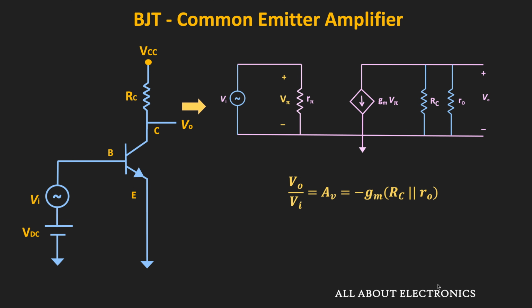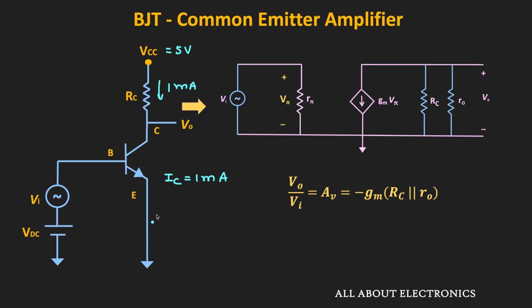this BJT. So let us put some numbers and see the typical value of the voltage gain that can be achieved using the common emitter amplifier. Let's say this VCC is equal to 5 volt and the amplifier circuit is biased with a collector current of 1 milliampere. That means here IC is equal to 1 milliampere.